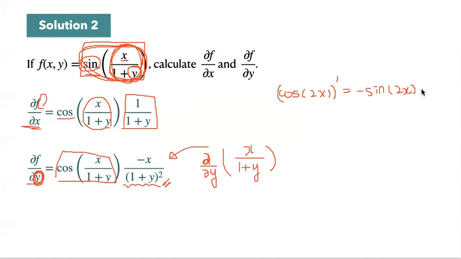So we multiply by 2, right? 2 is the differentiation of 2x with respect to x. I use the same method here. So I first calculate the differentiation of sine, and then I multiply by the differentiation of the inner function. Okay. So you can calculate it like this.